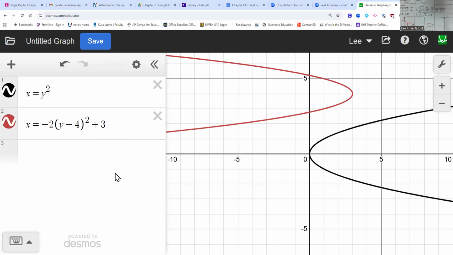So notice it's like a little bit skinnier. Mine's not great. I must fix it. Ah, I have an erasable pen. I cheated.